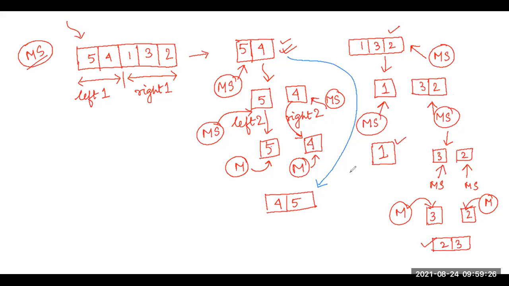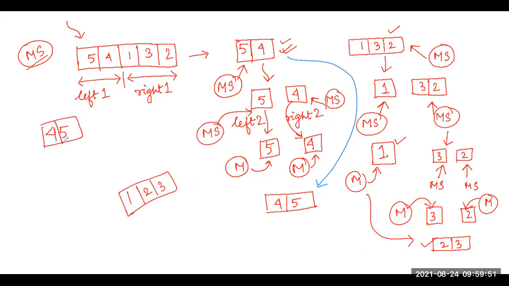Now when I call merge on this one and also this one, it will return 1, 2 and 3, because it is the work of the merge algorithm to compare and finally give me a properly ascending order array. Now see, this entire thing: from one section I have 4 and 5, and from another section I have 1, 2 and 3.